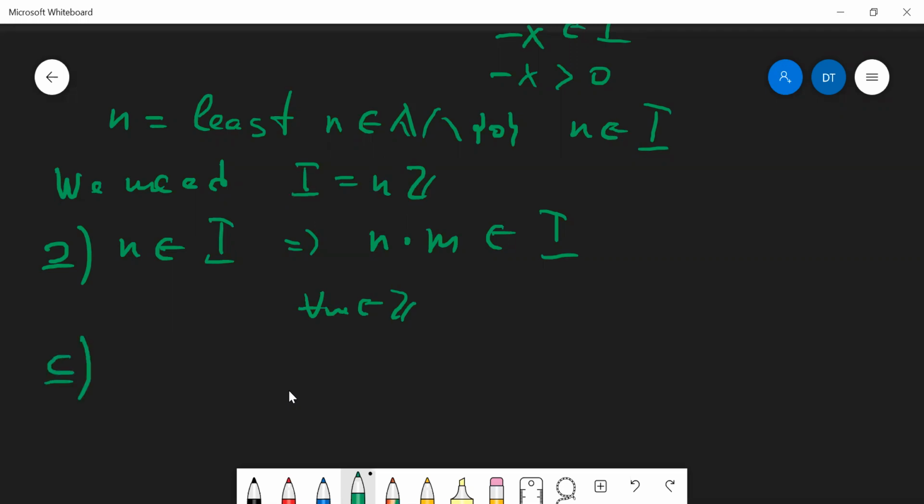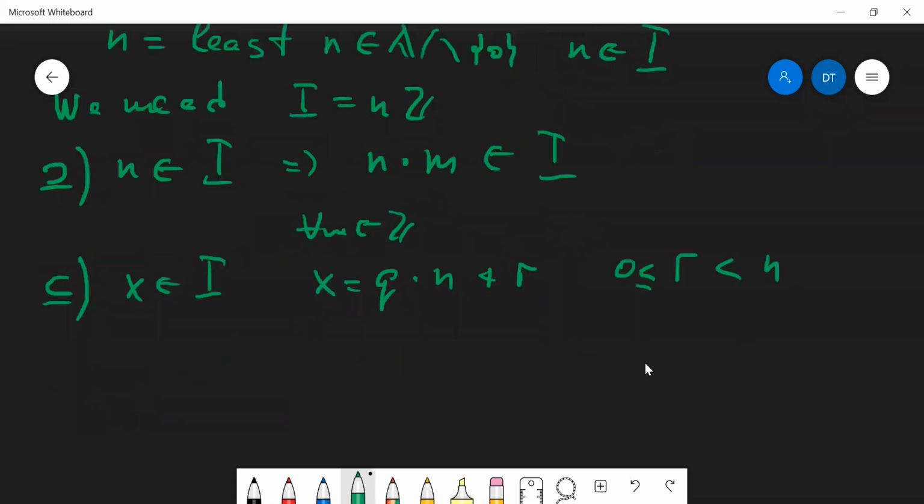Let's take an arbitrary element x from I, and let's divide it by n with remainder. So we have x equals q times n plus r, where r is less than n and non-negative.